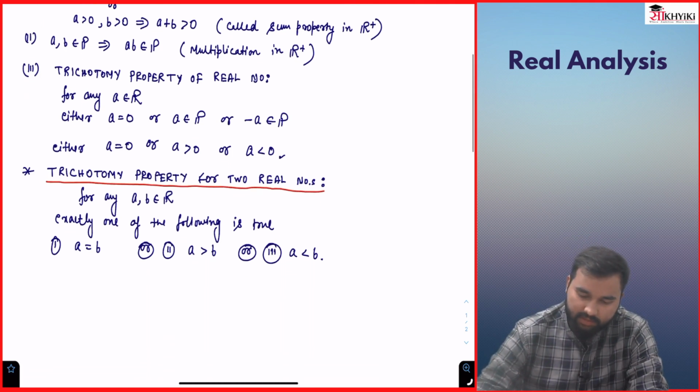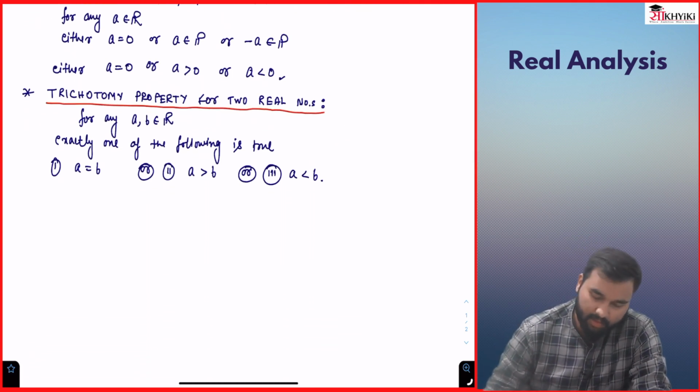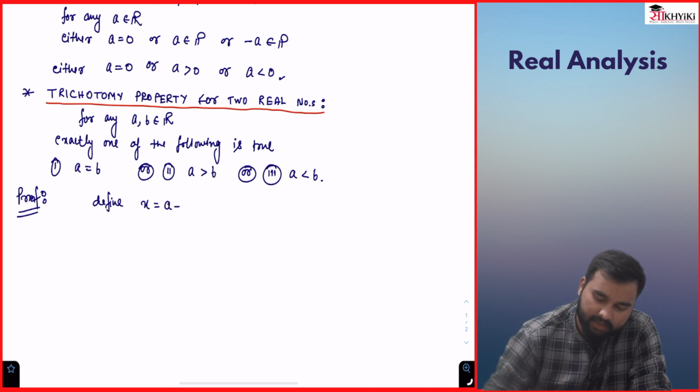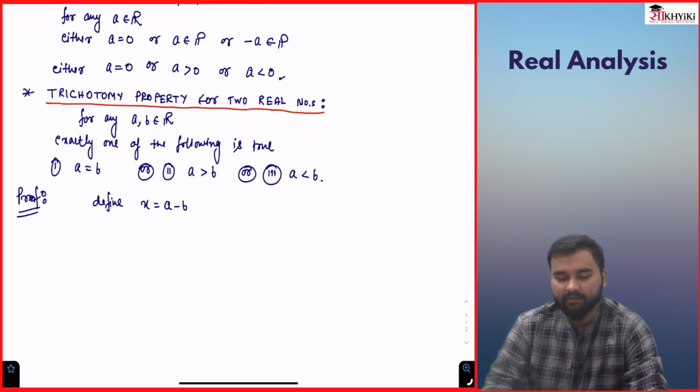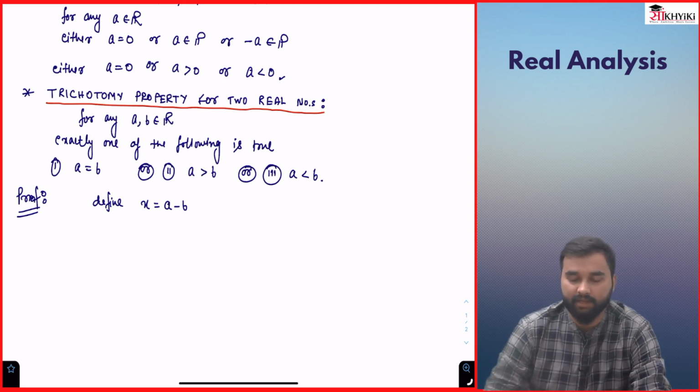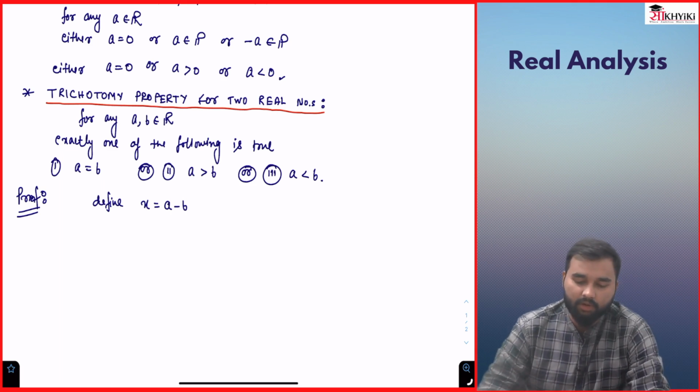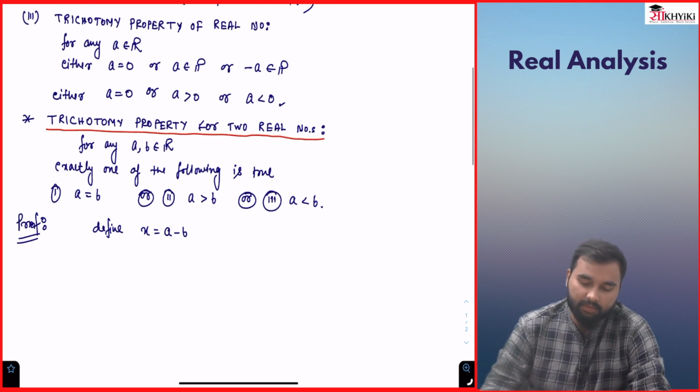Okay, let's try to prove this. Proof. Okay, we define a real number by the subtraction of A and B, that means X is equal to A minus B. Then apply the trichotomy for a real number.